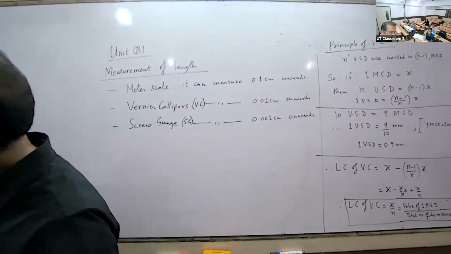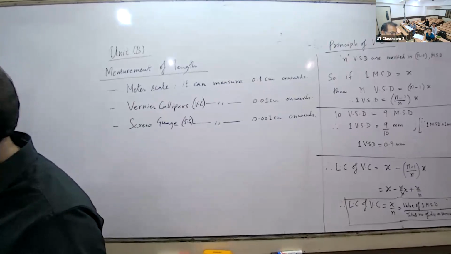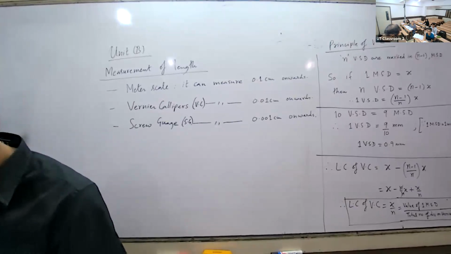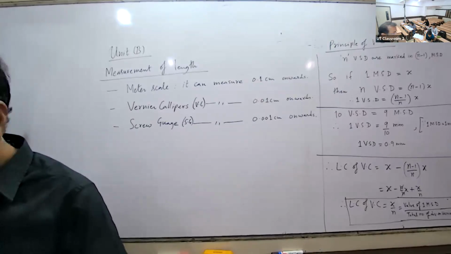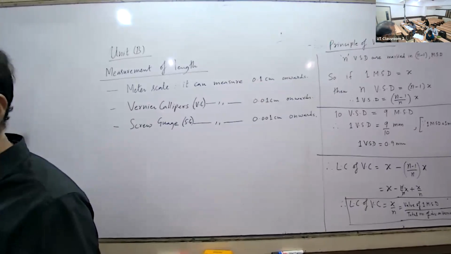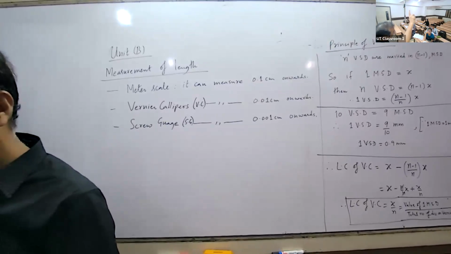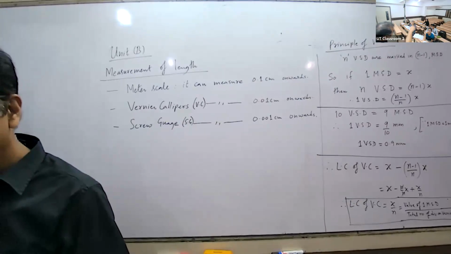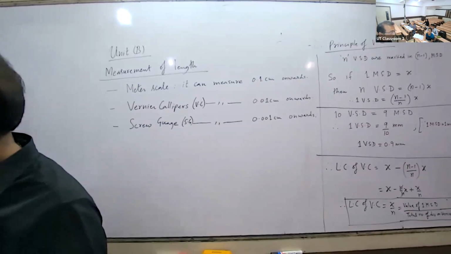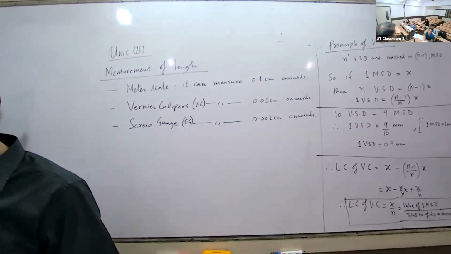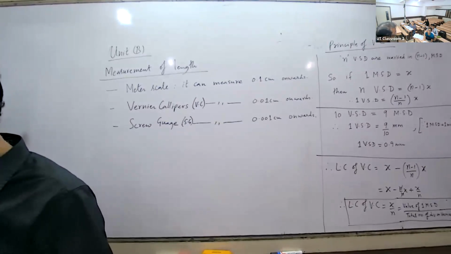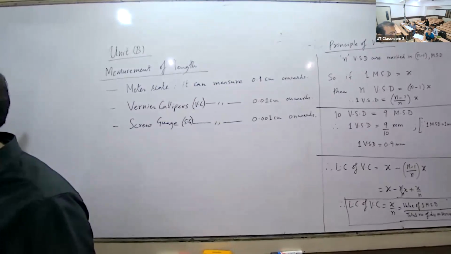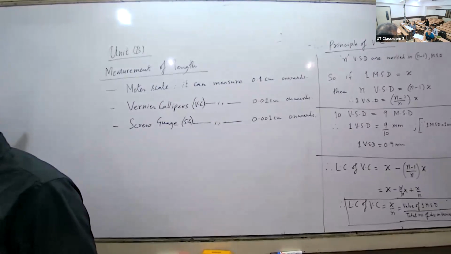When you rotate this circular scale, there are 100 divisions, from 0 to 100. These are called circular scale divisions. Like the vernier scale had 10 divisions, here you have 100 divisions, and it could have 200 or 500.